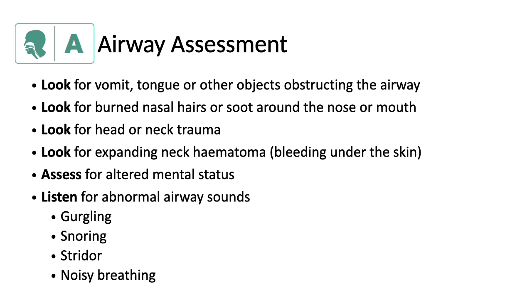Also assess for altered mental status and confusion, as this might reflect head and spine injury, and a patient with altered mental status might not be able to protect their airway. Then listen for abnormal airway sounds indicative of airway obstruction, like gargling, snoring, stridor, or any noisy breathing.